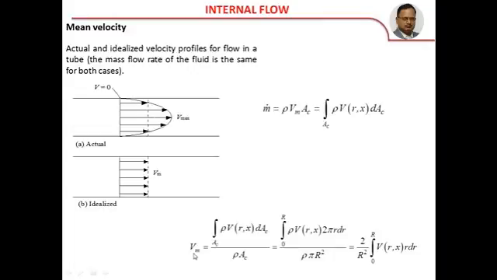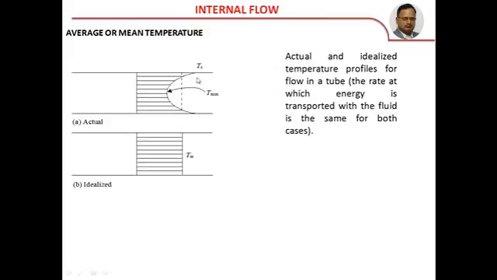So if you integrate between 0 to r, you will get rho v 2 pi r dr by rho, and this area is pi r square. Rho cancels, and we will get average velocity of fluid flowing through the pipe is 2 by r square integral 0 to r v, which is a function of r comma x into r dr.